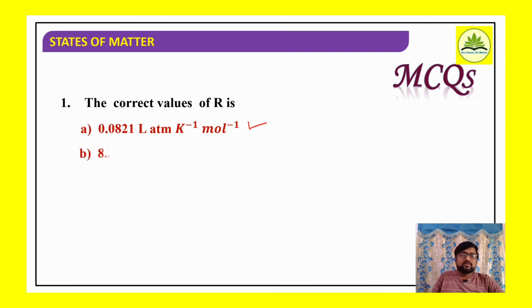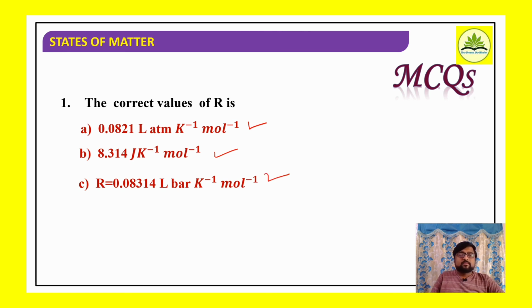Yes, it is true. 8.314 joules per Kelvin per mole is also true. 0.08314 liter bar per Kelvin per mole is also true. So what is the answer here? Yes, the answer is D, all are true. All these values are corresponding values for R itself, at different conditions.